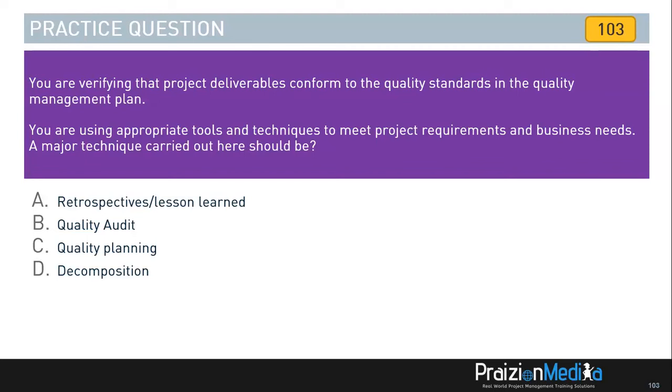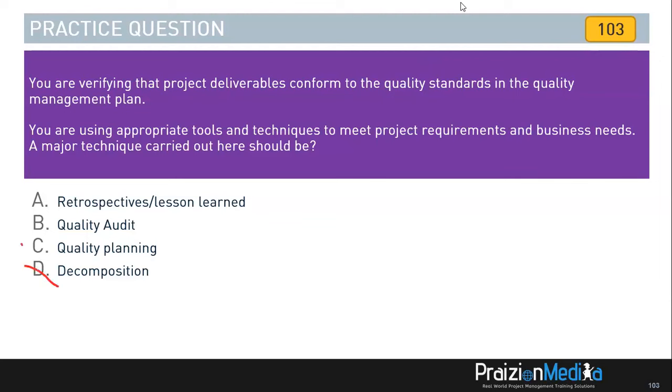Since this is talking about project deliverables conforming, it means the deliverables are done. You're no longer in executing at this point. You're now checking the product. Therefore, when you use the process of elimination, you will not choose decomposition, which is used for the WBS and the schedule.